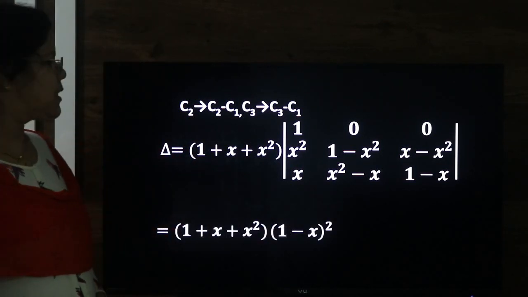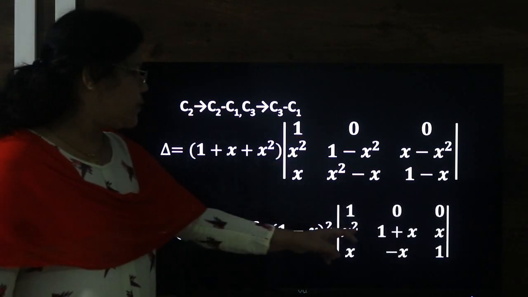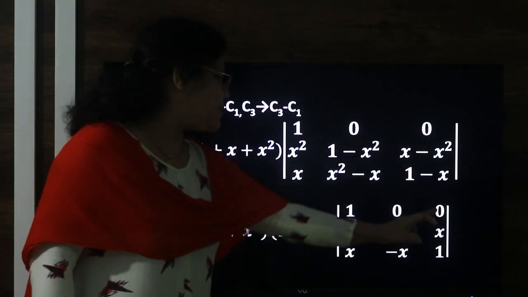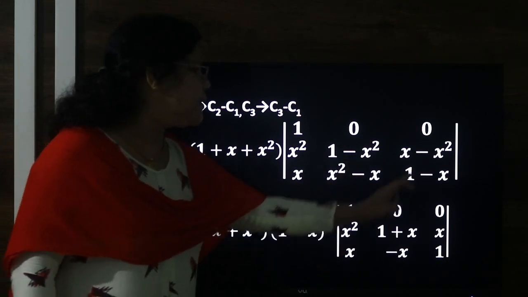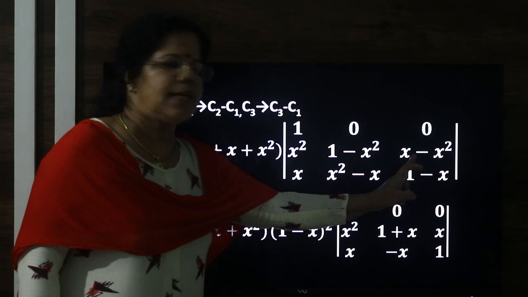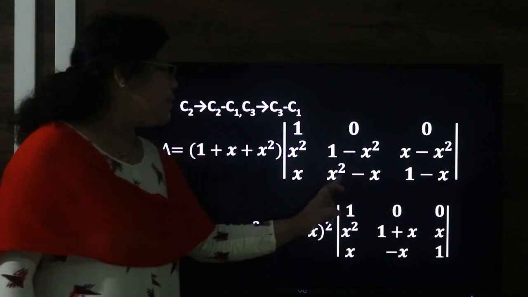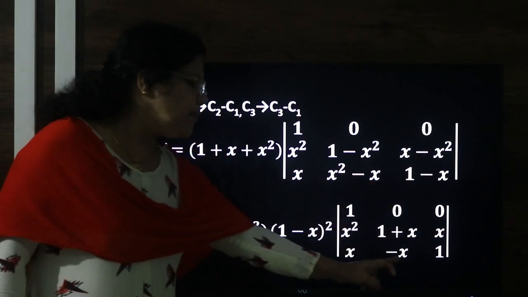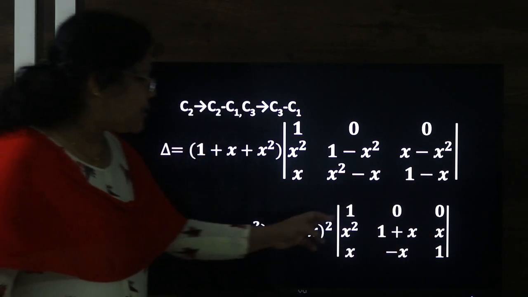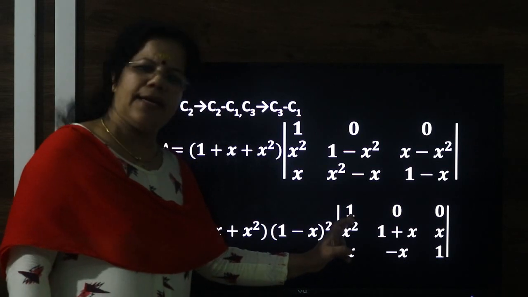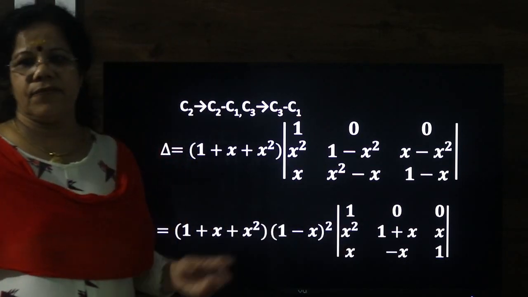Now the resulting determinant will be this one, that is 1 0 0 as it is, x square x as it is. Here 1 plus x remains. Here 1 minus x outside, x remains. Here negative x will be the remaining. Here 1 will be remaining. So once again, you can start expanding now directly using the first row.